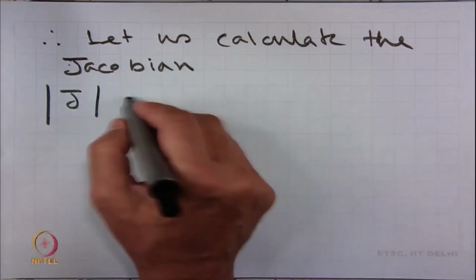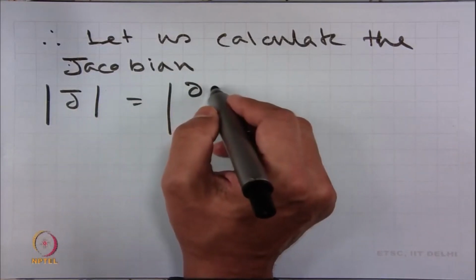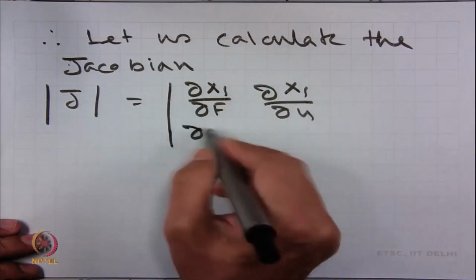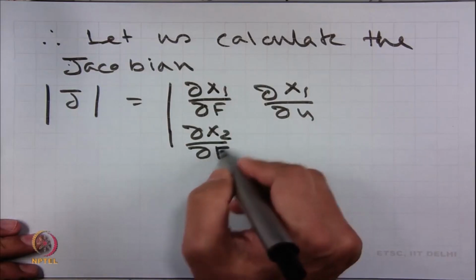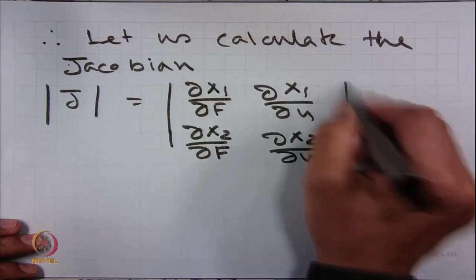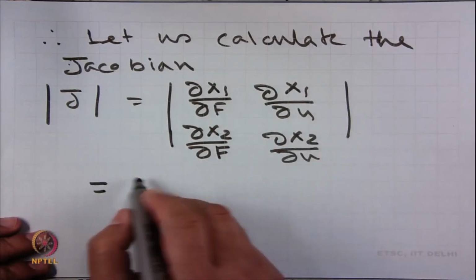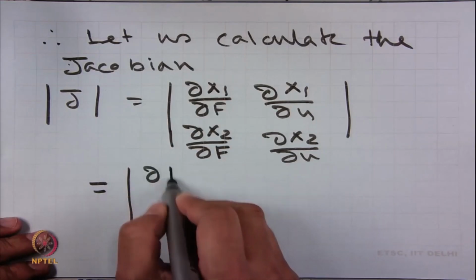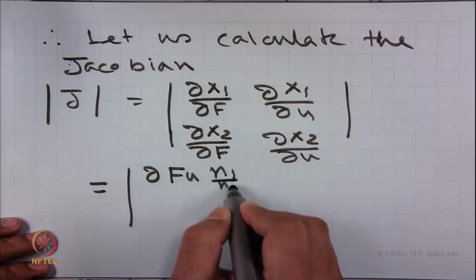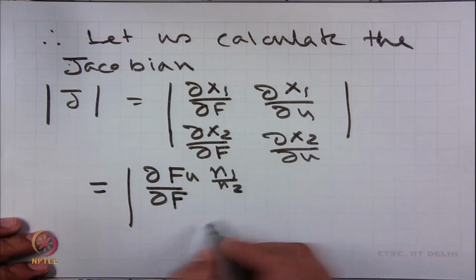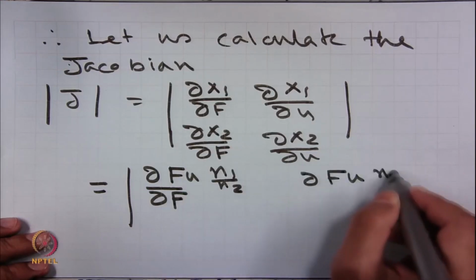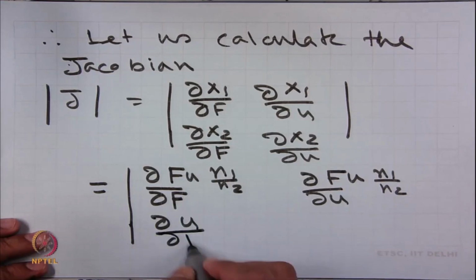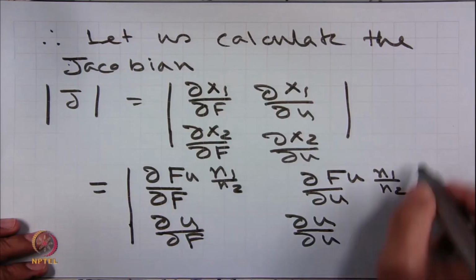Modulus of J is equal to the determinant of del x1 upon del f, del x1 upon del u, del x2 upon del f, del x2 upon del u, which is equal to the determinant with entries del of f u n1 upon n2 with respect to f, del of f u n1 upon n2 with respect to u, del u del f, del u del u.